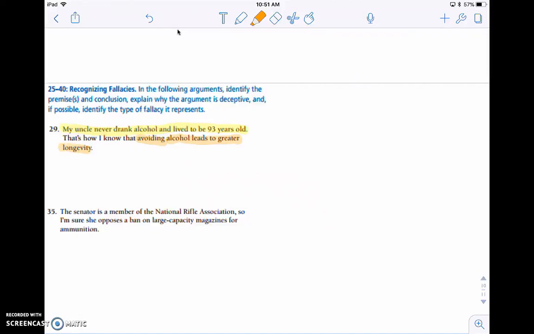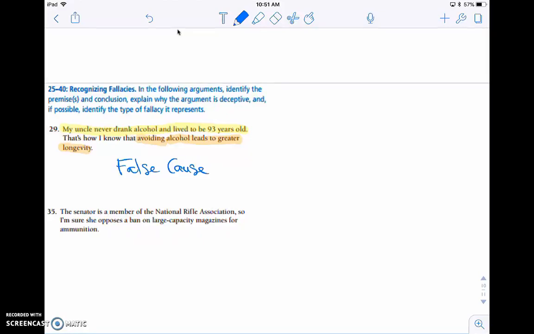So we make a claim and then a conclusion, and we're basically stating that never drinking alcohol causes someone to live longer. And this would be what we call our false cause fallacy. Because there are definitely many people who don't drink alcohol but don't live to be 93 years old. There may be a correlation there, but one does not cause the other. But in this argument, we're definitely saying that one causes the other.